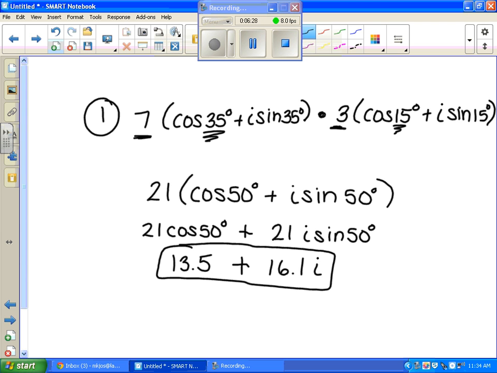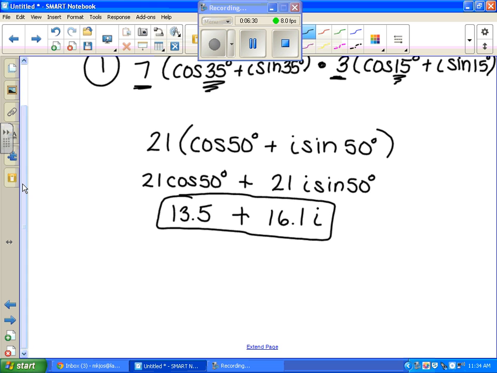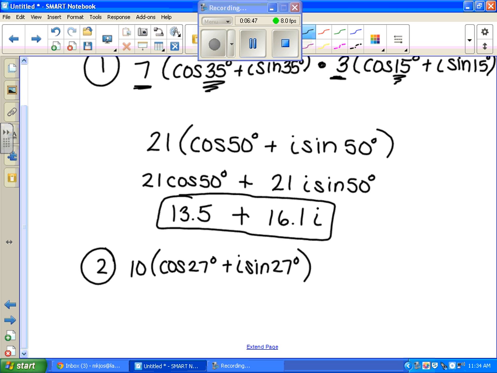Okay, we're going to do a second problem. The second problem will deal with the quotient formula. 10 parentheses cosine of 27 degrees plus I sine of 27 degrees. We're going to divide that by 2 cosine of 9 degrees plus I sine of 9 degrees.